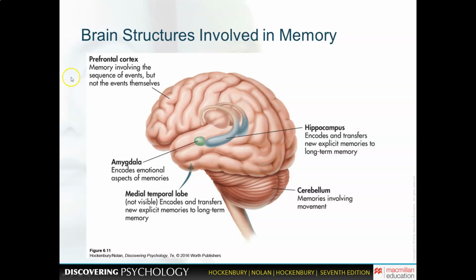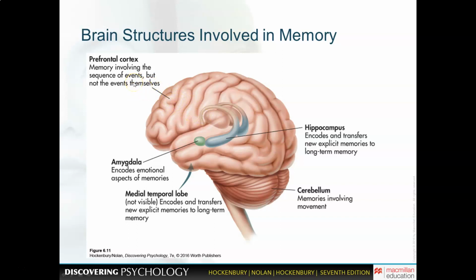All right, so last but not least here, we're going to take a very quick look at the parts of the brain that are involved in memory. So as you can see, basically all of the brain is very involved in memory, the three phases of memory. Okay, so the prefrontal cortex is right here.